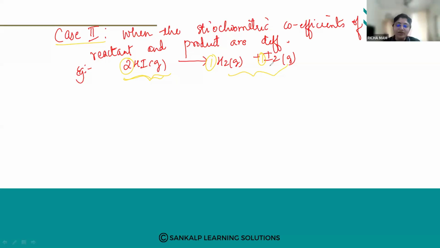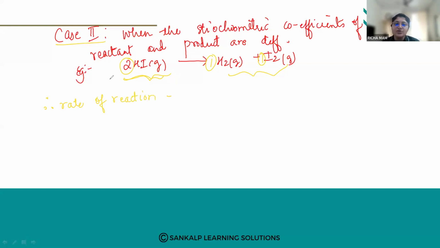In such cases, the rate of reaction is obtained by dividing the rate of change of concentration by the stoichiometric coefficient of the reactant or product. So how are you going to write the rate of reaction?